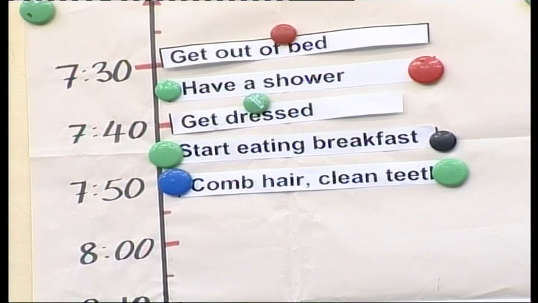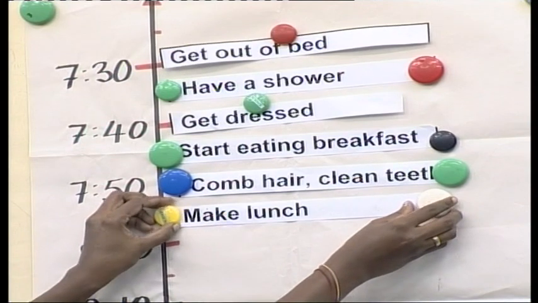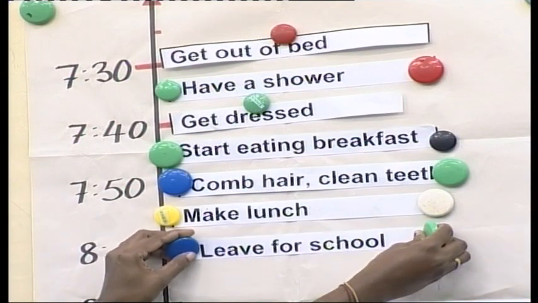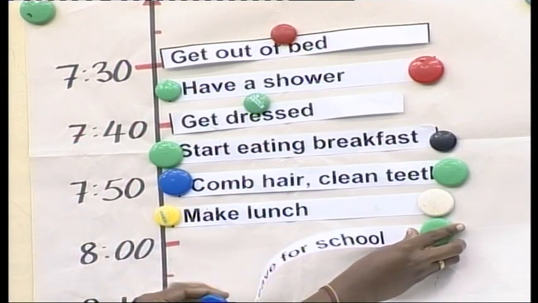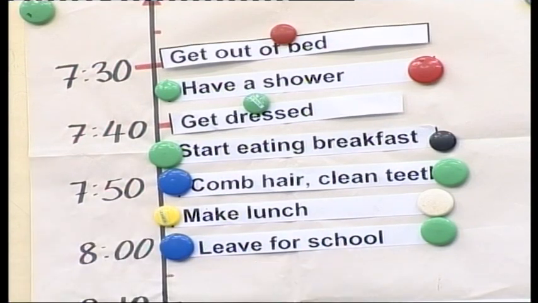After combing your hair and cleaning your teeth, you prepare lunch. At this time, okay, 7:55. And 8 o'clock, leave for school. So we are making changes to this just to put ourselves into the situation of being a student.